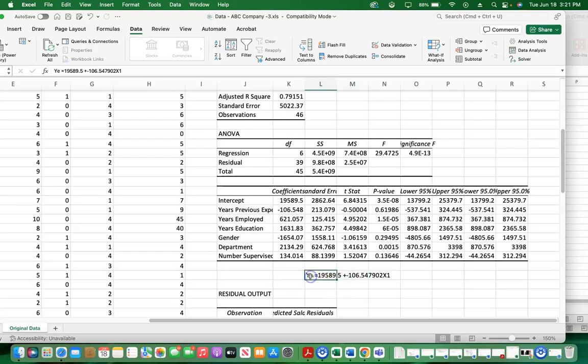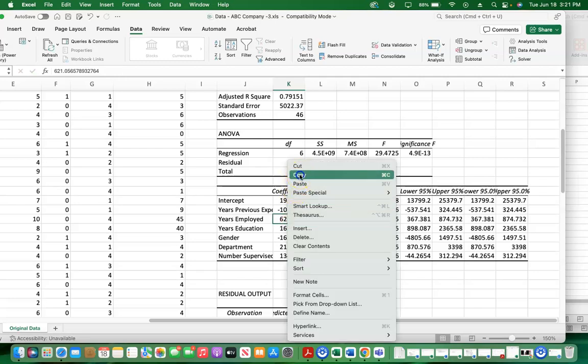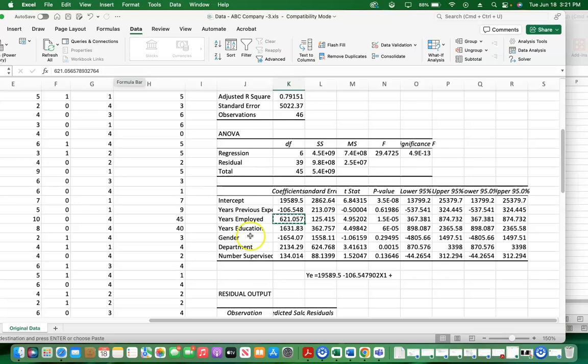So let me rewrite this. We have y estimate is this particular value, and instead of plus, you can see that we have minus, and that's the output. So we're going to rewrite the minus, and that's for x1, and then we're going to add the years employed coefficient, which is, let me copy this, and I'm going to add here.